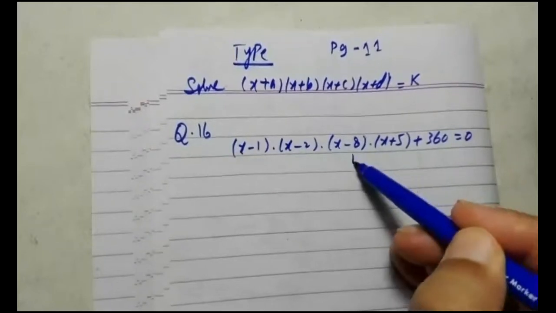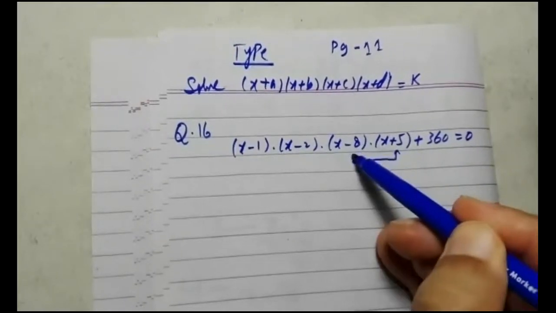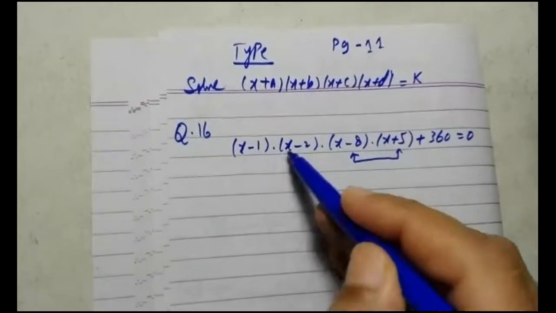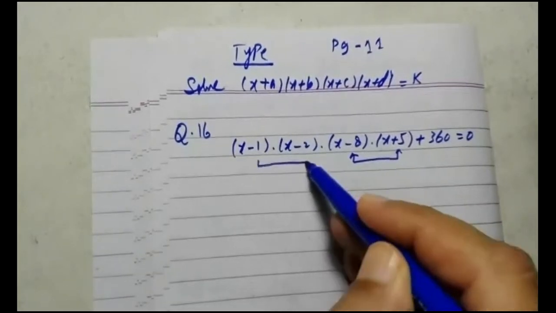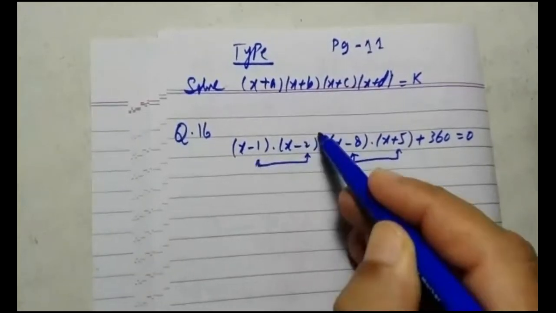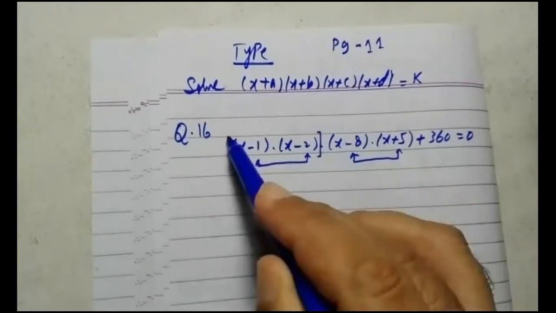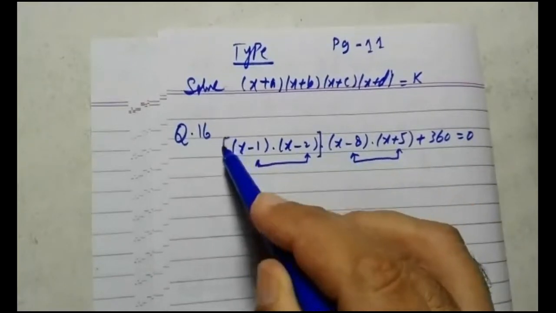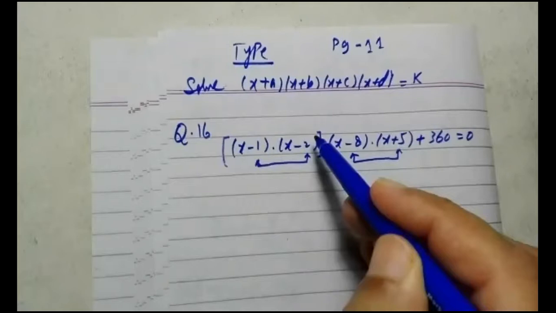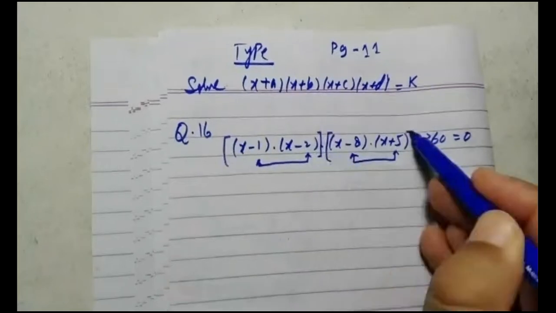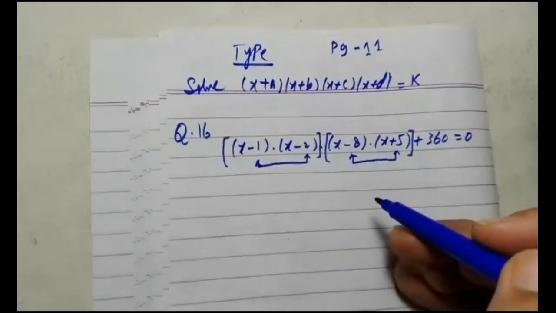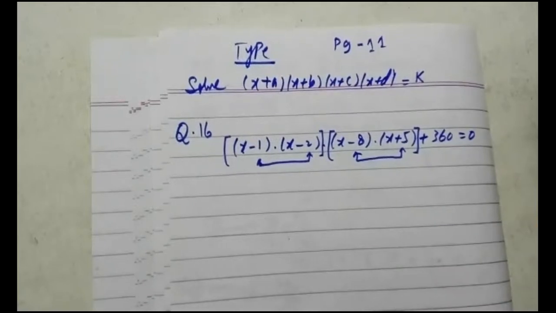Like minus 8 and minus 5 will generate minus 13. Minus 1, minus 2 will generate minus 3 again. So you will pair up these terms on the criteria that the sum of the constants should be the same.